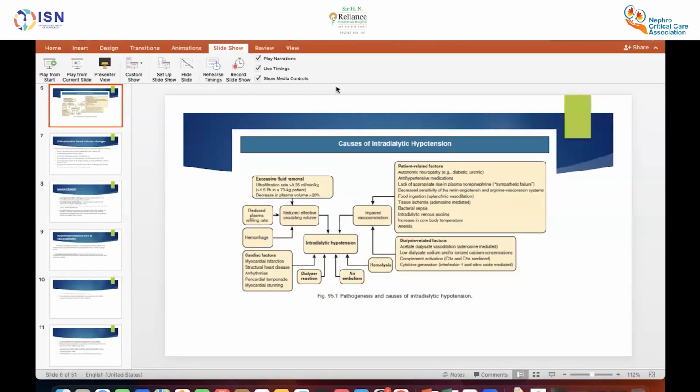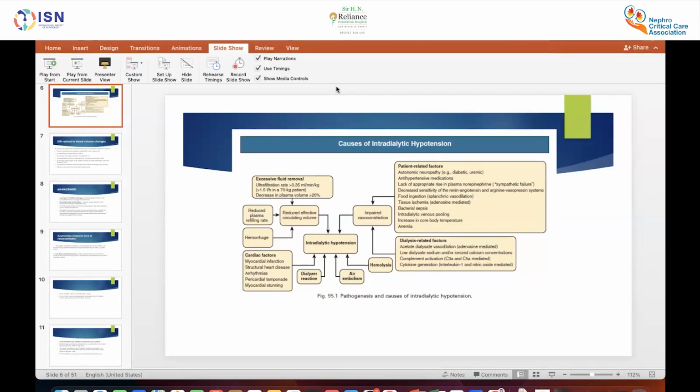Any fluid you are giving will be distributed proportionately. The intracellular component is 2/3, and 1/3 is the extracellular component.